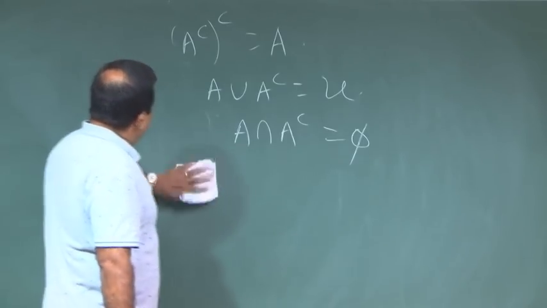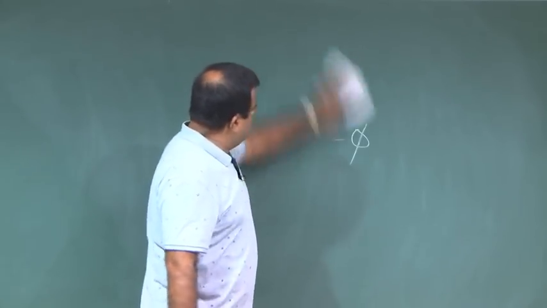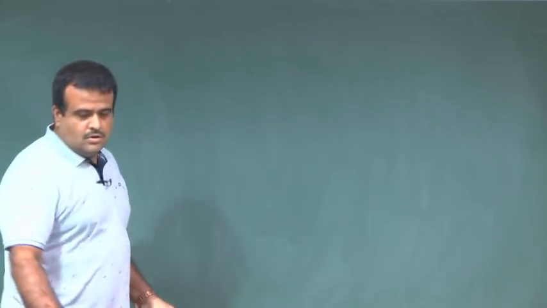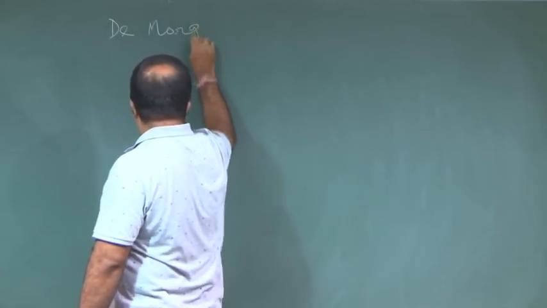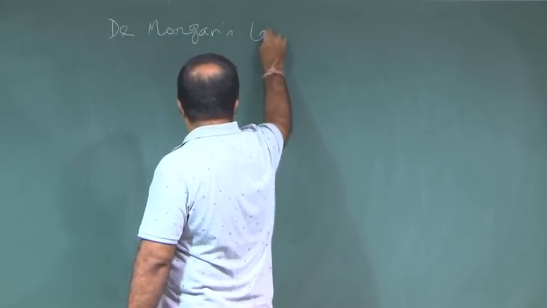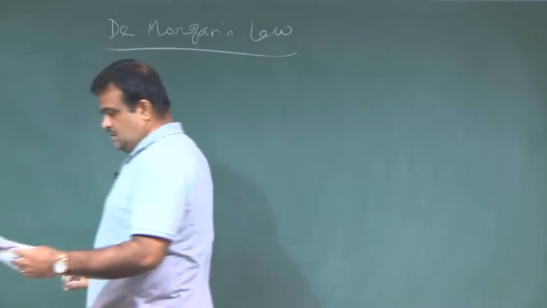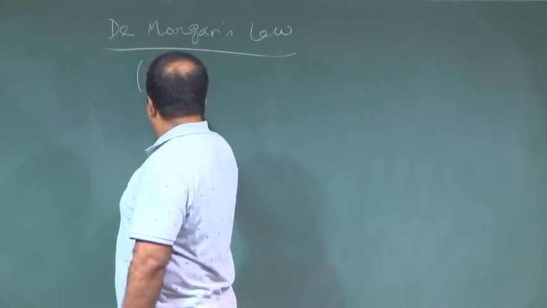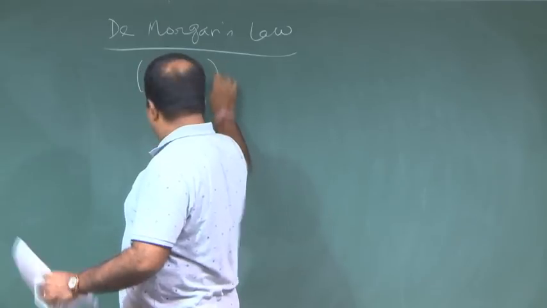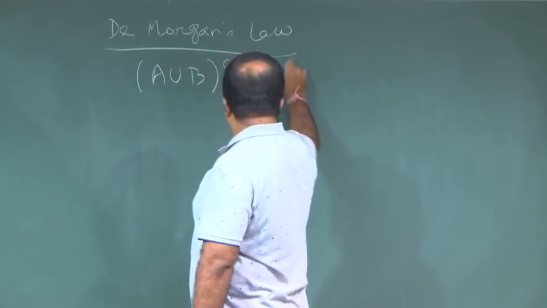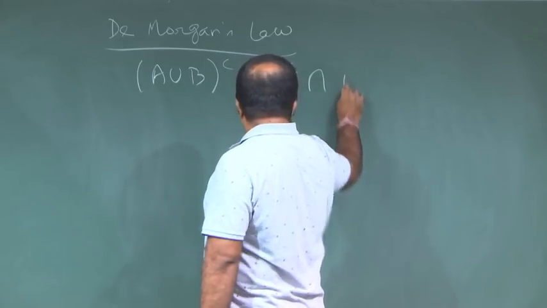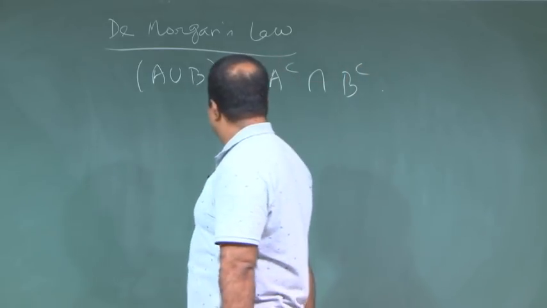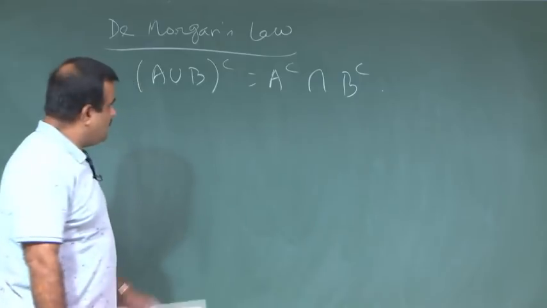Now, another property which is called De Morgan's law, which is basically: the complement of (A union B) is equal to A complement intersection B complement.